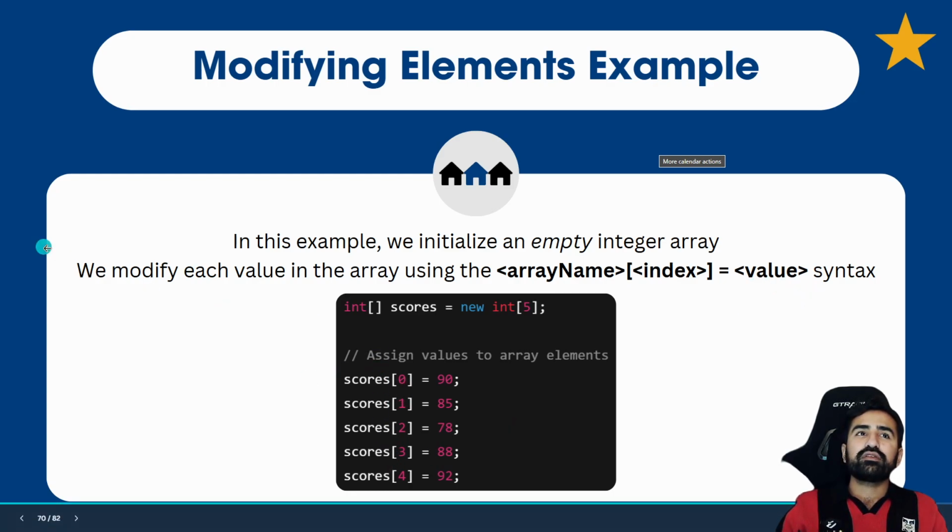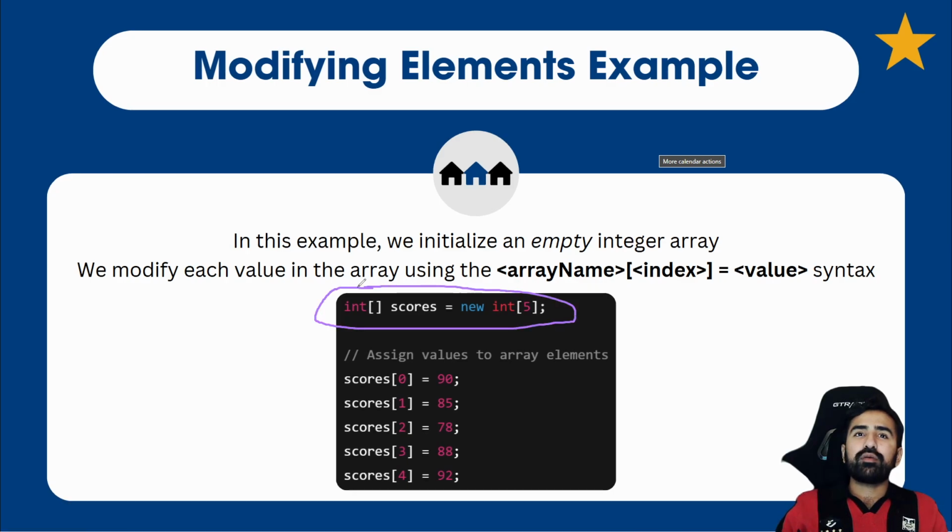So rather than assigning them up front with the curly braces, where we could just list 90, 85, and so forth, we do it individually here by using that modifying syntax, which is the same as the access syntax. So that's modifying elements, looks exactly like accessing them, just with an assignment.